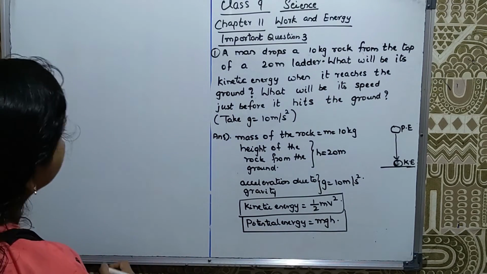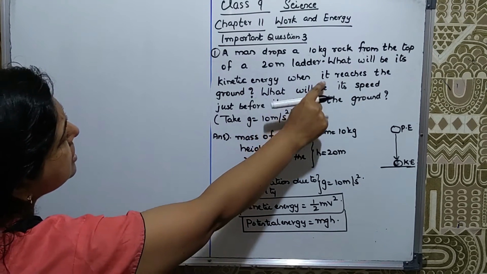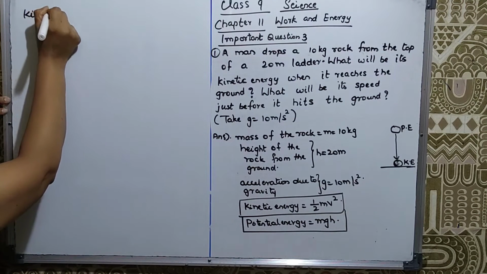Now we'll write the first property, kinetic energy. What will be its kinetic energy when it reaches the ground? So, kinetic energy of an object on the ground.